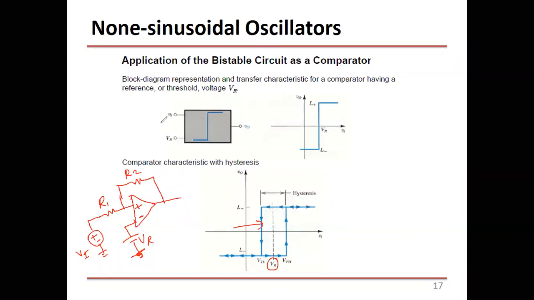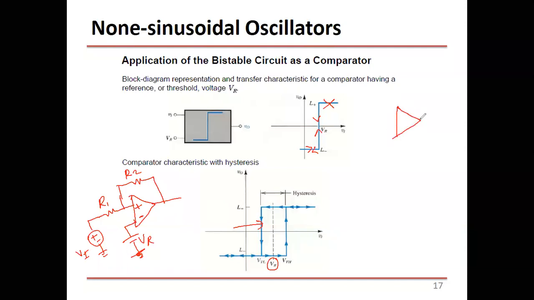Can someone tell me how to implement this? There is no hysteresis here. You go this way in the forward direction, and in the backward direction you go back on the same line. What's the circuit? This is the block diagram. I guess when there's no R1 and R2.